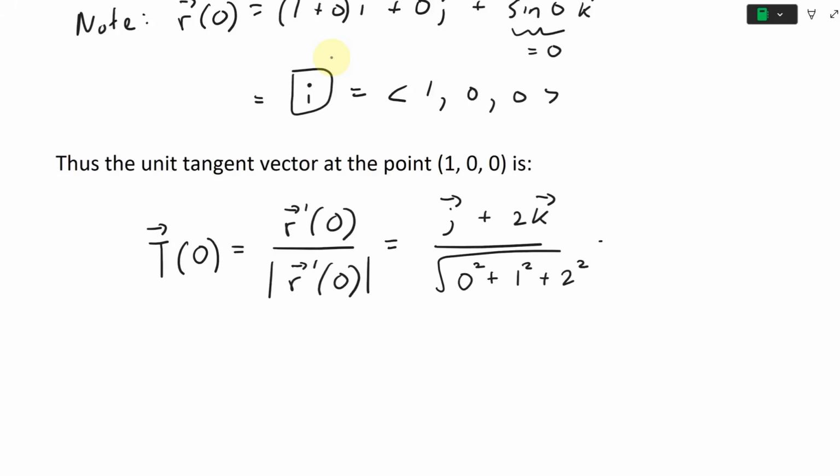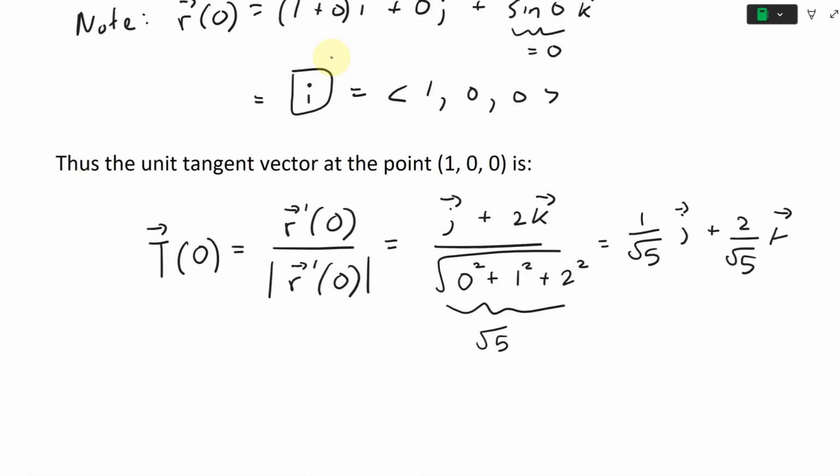So that equals 1 squared is 1, plus 2 squared is 4, so that's 5. So this equals the square root of 5. Then we just multiply that inside, so we'll have 1 over square root 5 of j plus 2 over square root 5 of k.